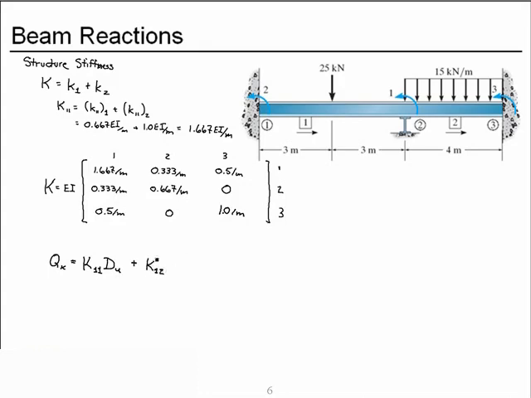And we use this chunk of the stiffness matrix if there are known displacements, for example, support settlements or support rotations. In this case, we know that all of the supported degrees of freedom have 0 deformation, so we won't need this portion of the structure stiffness matrix.